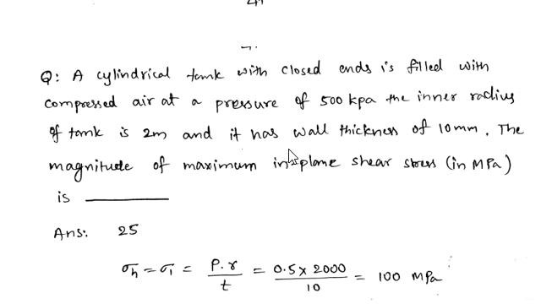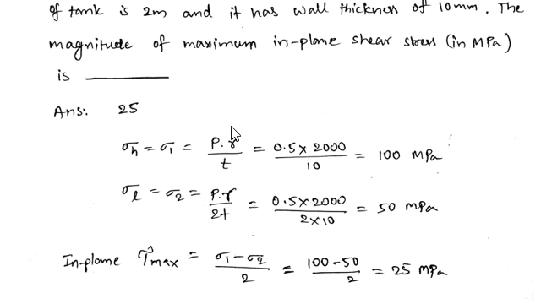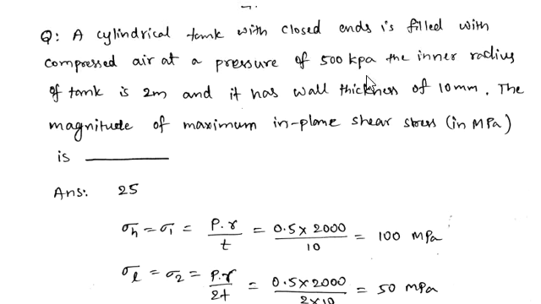See, for the cylindrical tank, the circumferential or hoop stress is PD by 2T, or PR by T in terms of radius. This will become the maximum principal stress in this case, and the pressure is given as 500 kilopascals, and when we substitute in megapascals, it is 0.5 megapascals.